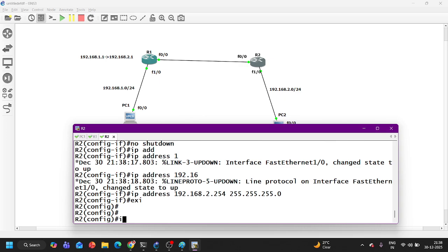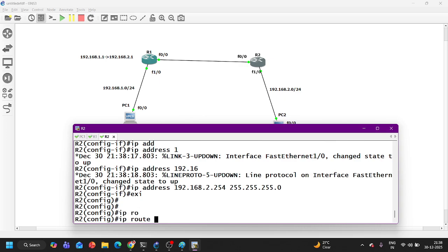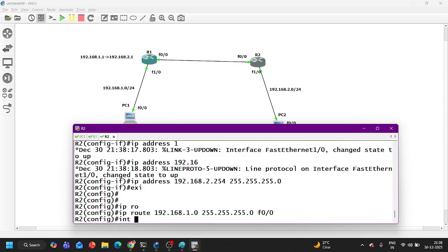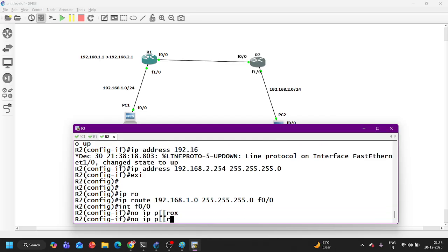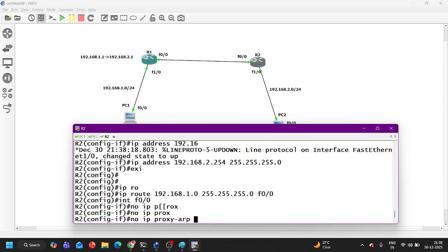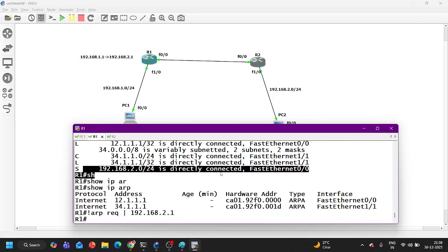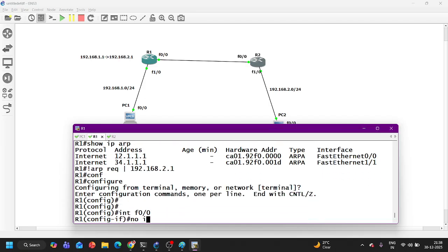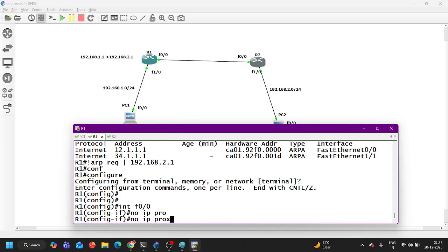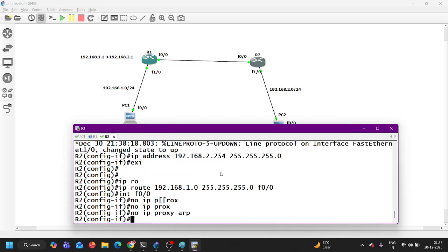ip route 192.168.2.0 255.255.255.0 with the exit interface F0/0, and interface F0/0 no ip proxy-arp. Then go to router 1, and here also interface F0/0 no ip proxy-arp, and go to PC1 and ping PC2.